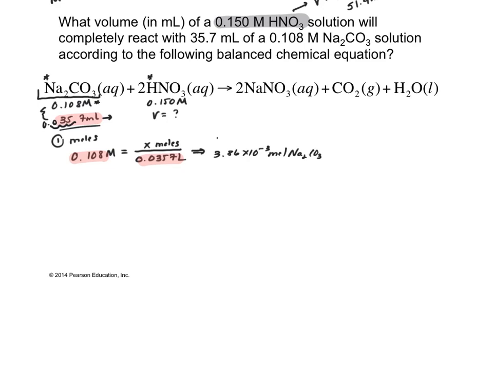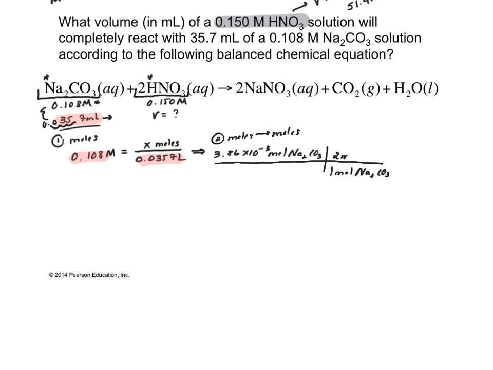Once we're in moles, we can now utilize those numbers to convert to moles of whatever we're wanting to know about, right? So we wanted to know about how much of this guy we needed to completely react. So we know our moles of sodium carbonate. For every 1 sodium carbonate, we need to utilize 2 HNO3, so 2 nitric acids, right? So our 1 mole of sodium carbonate is on bottom in Na2CO3.